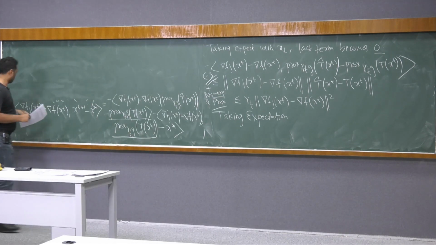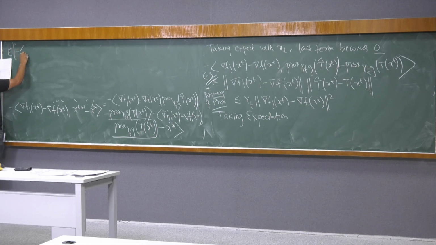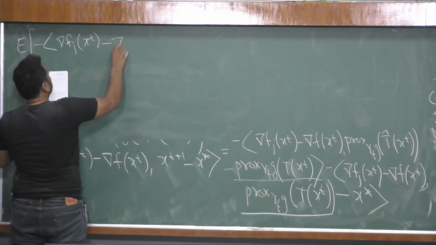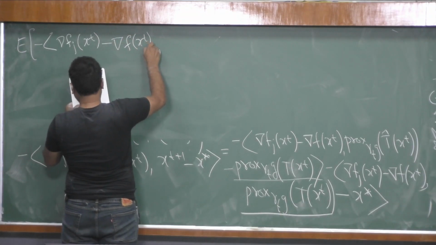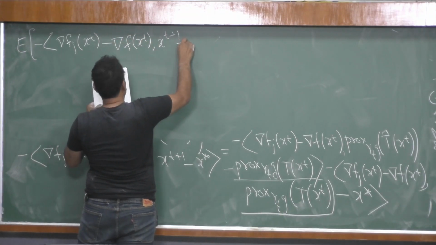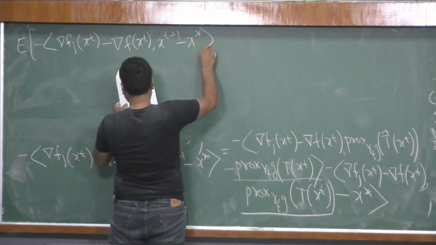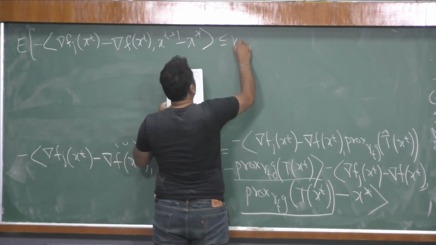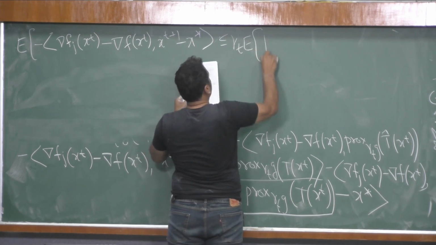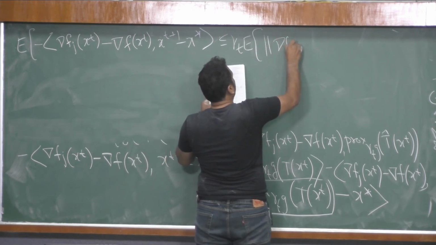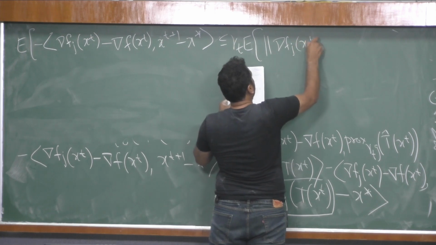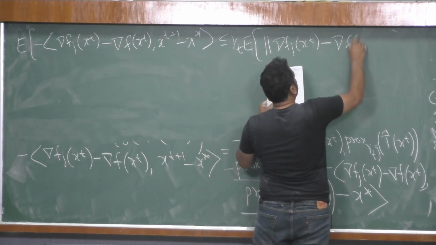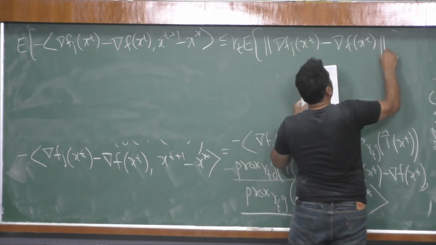If we take expectation of this guy, then we have expectation of minus grad f j xt minus grad f xt, xt plus 1 minus x star, and this is less than or equal to gamma t expectation of norm of grad f j xt minus grad f xt norm squared.